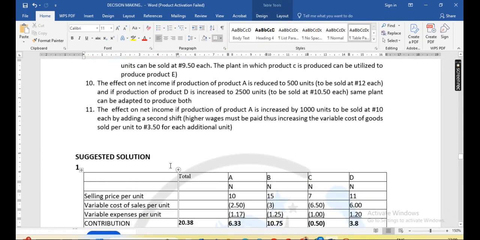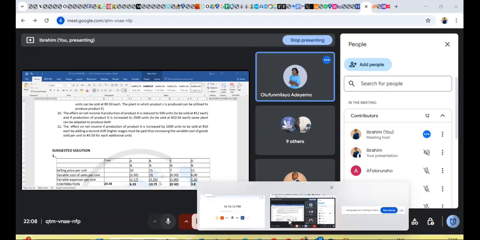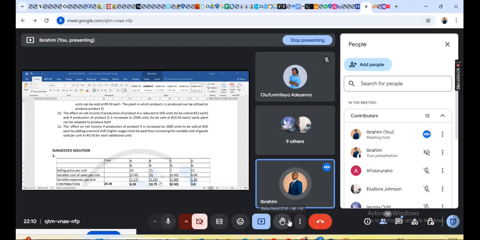The effect on net income if production of product A is increased by... I've differentiated the difference between "by" and "to." If they tell you that this thing increased to, that is the increase. You don't need to inflate.